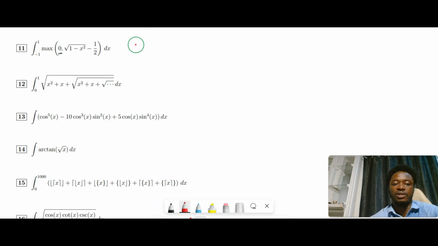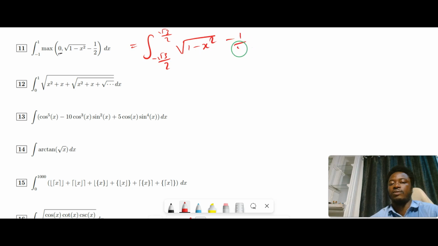So we're going to configure this and say this is equal to the integral from negative square root of 3 over 2 to square root of 3 over 2 of the square root of 1 minus x squared minus 1 over 2 dx.